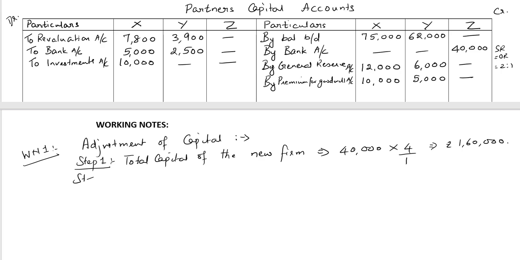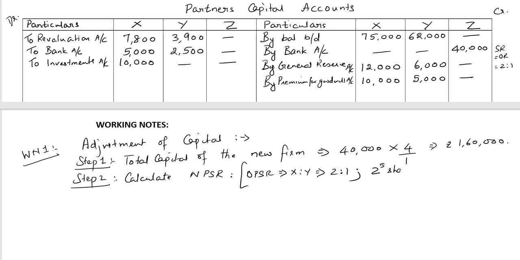Step 2, calculate new profit sharing ratio. So we need to calculate the new profit sharing ratio. It's not given in the sum. We have that the old profit sharing ratio between X and Y is given as 2:1 and Z share is equal to 1 divided by 4.